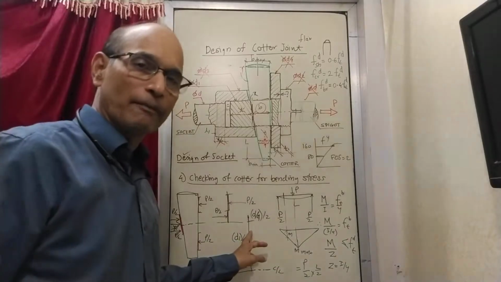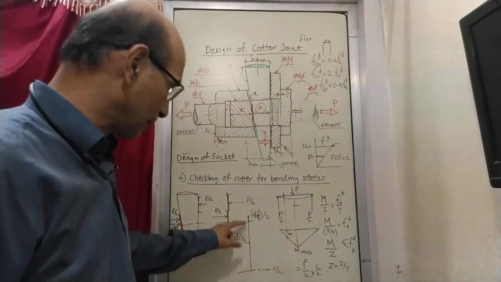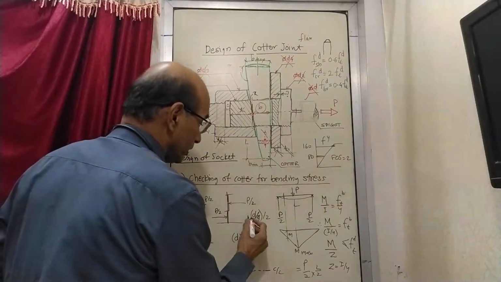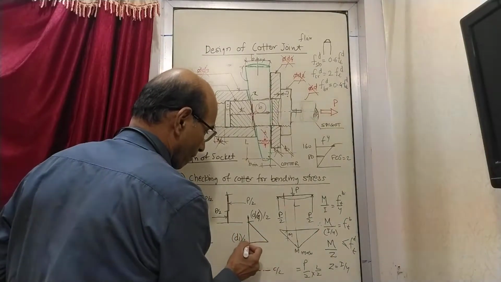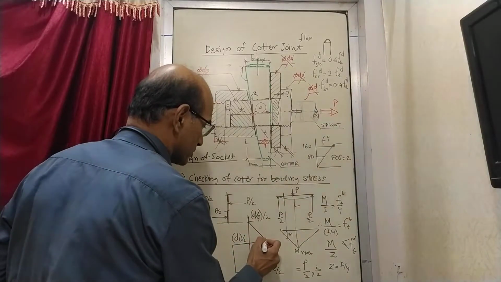Now where is the force applied? Here the rule says that because it is a part like this, the distribution of force is not equal. It has some taper shape, like this.